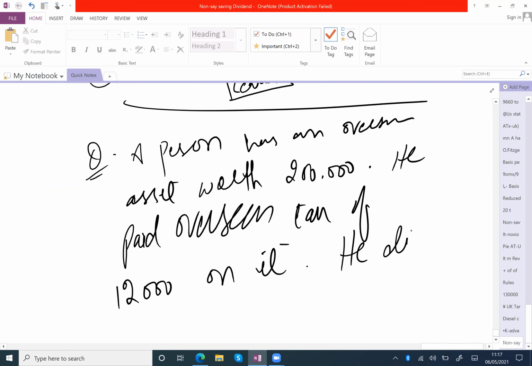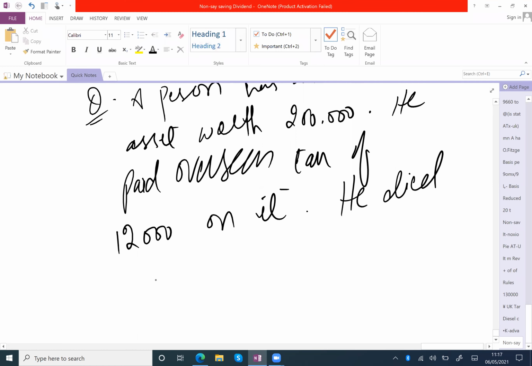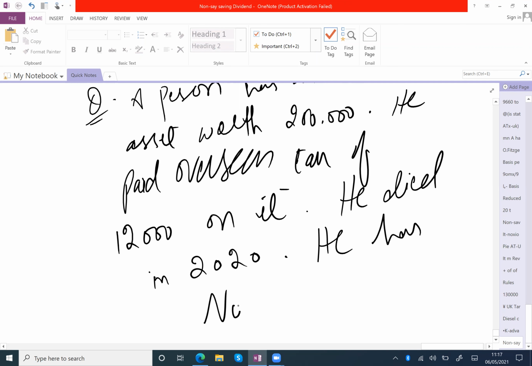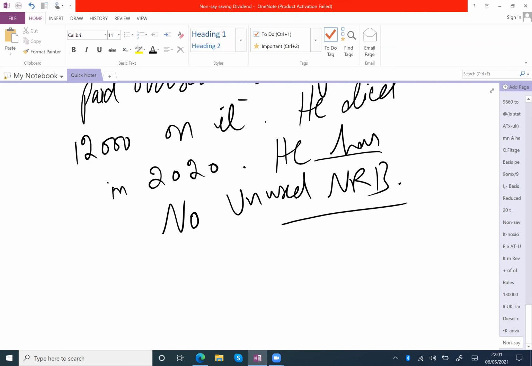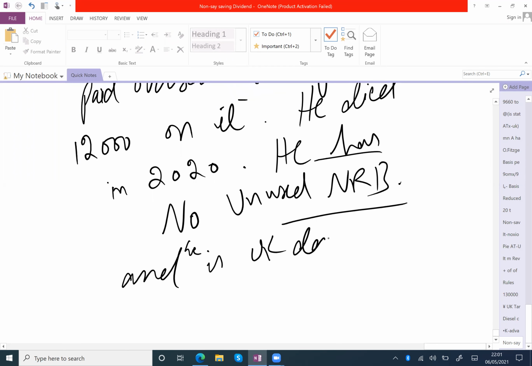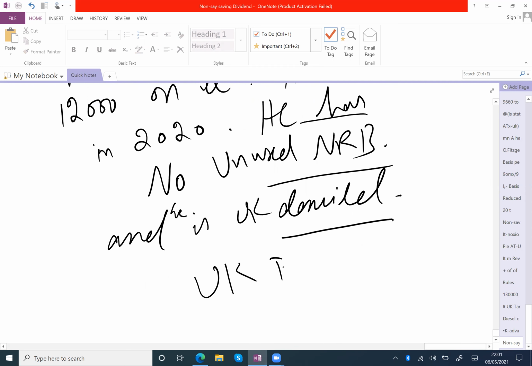He died in 2020 and he has no unused NRB. Nil rate band is all consumed. He is UK domiciled. Now your requirement is to calculate the UK IHT on his overseas asset.